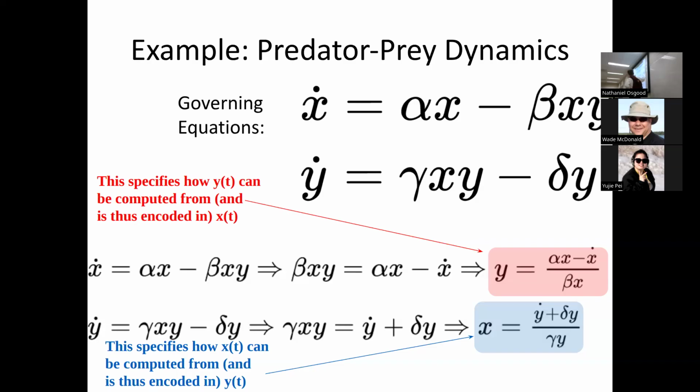Similarly, we could solve for the other equation, we could solve for x. We could calculate the number of hares based only on information on the number of lynx right now and the rate of change.